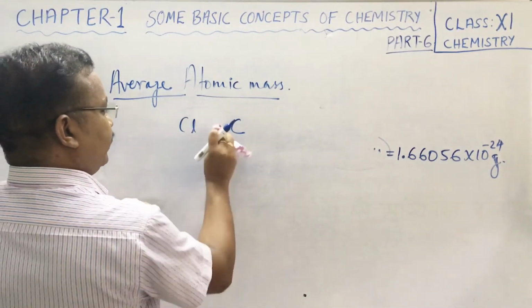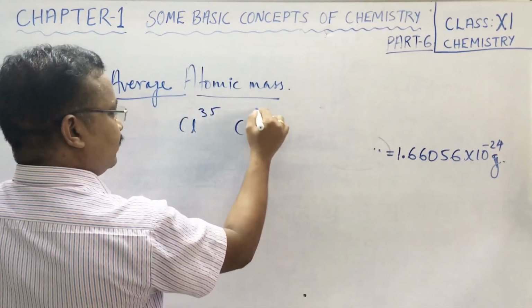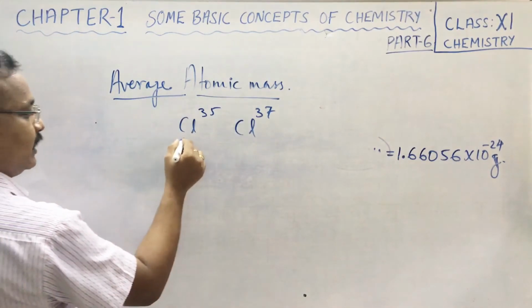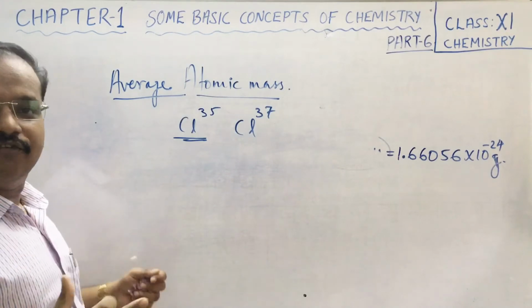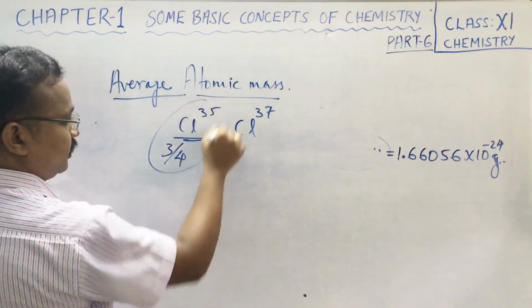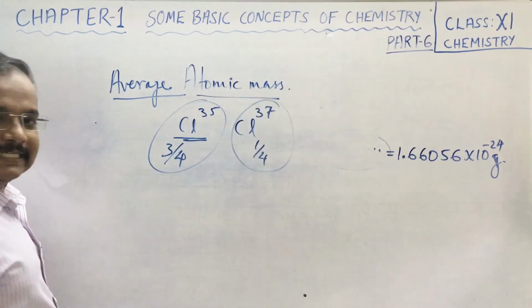Chlorine is found as chlorine 35 and also as Cl 37. It is found that 3/4 part is chlorine 35 only, and 1/4 part is chlorine 37.